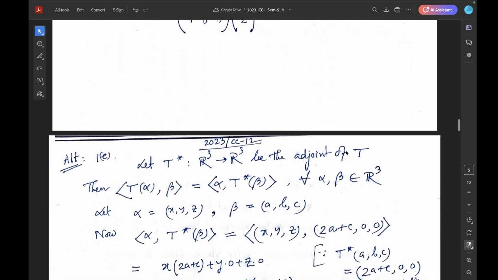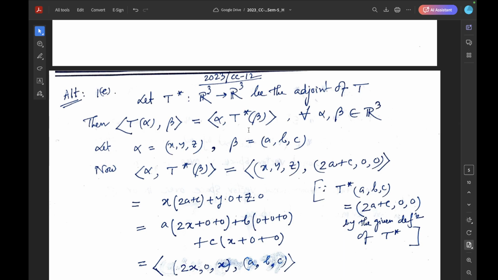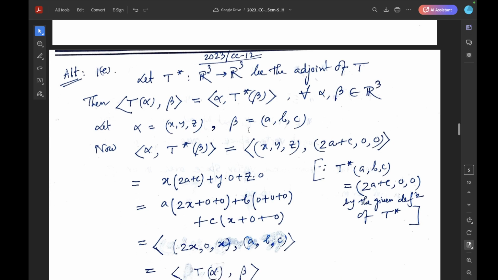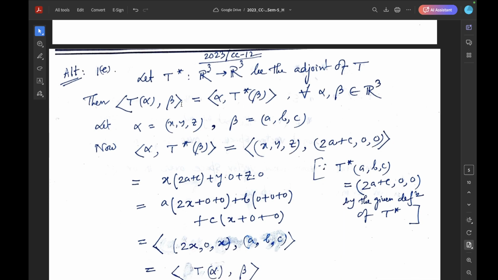But the better option is to compute this way. Let T star, the mapping from R3 to R3, be the adjoint of T. Then the inner product of T alpha and beta equals the inner product of alpha and T star beta for all alpha, beta belonging to R3.